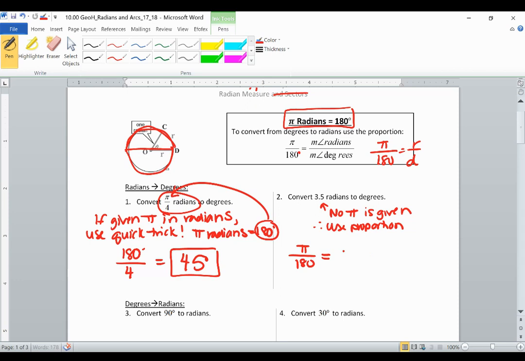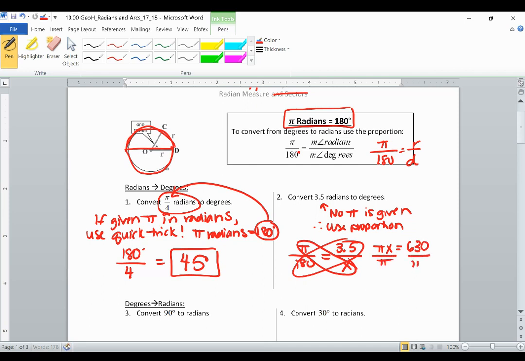And then we set that equal to, radians is always going to go across from the pi, and degrees is always going to go across from the 180. And I just put x instead of d. Now we're going to cross multiply. So we get pi times x equals 180 times 3.5, which is 630.